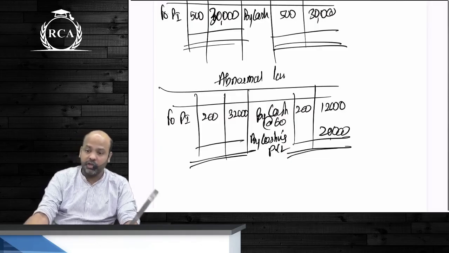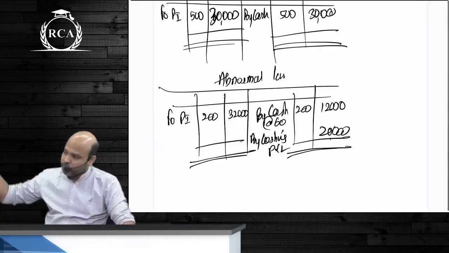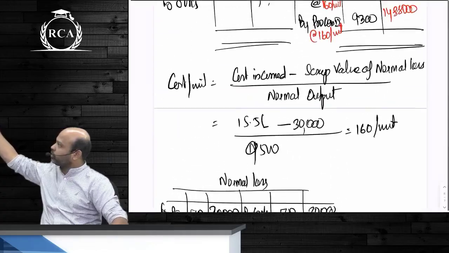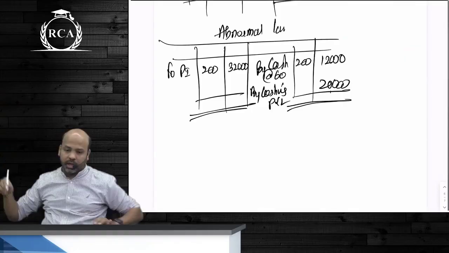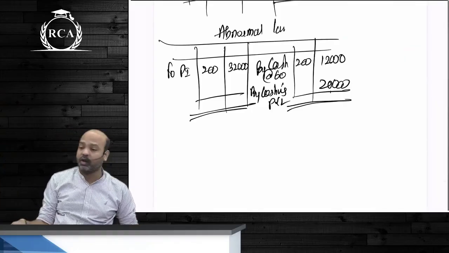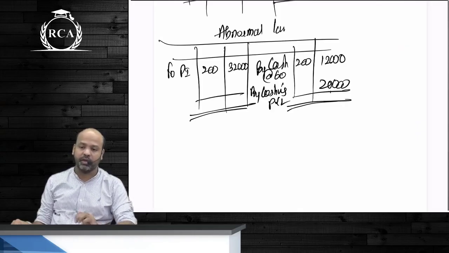But if there's any insurance realized against it, only the net amount will be debited to P&L account. I'm removing the entire cost of abnormal loss from my process account, but the amount that will get debited to P&L account is the net loss. My net loss is not 32,000. My net loss is only 20,000 because you're still going to realize the scrap value of 12,000 against that abnormal loss of 32,000 rupees. Are we understanding this?